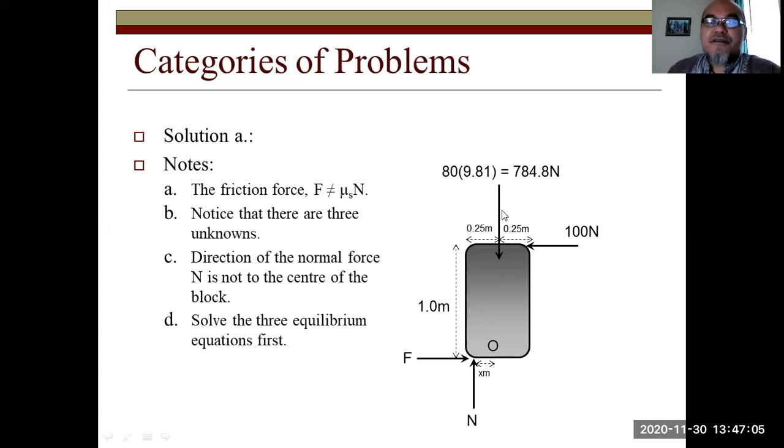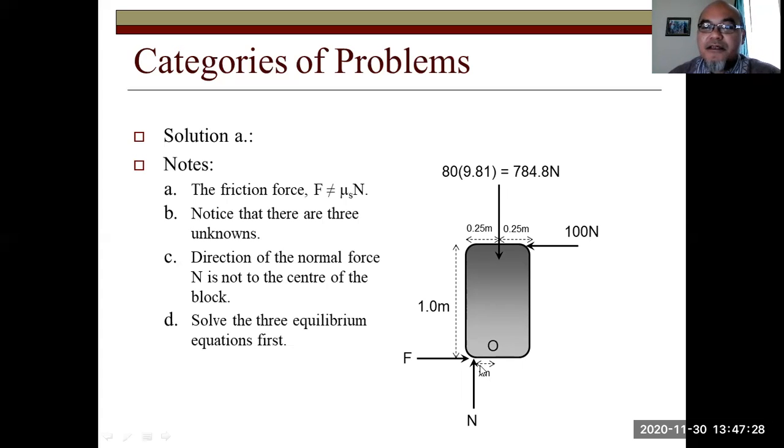Notice that the friction force F is not equal to mu s times N. So N here, because of this force, will shift. Why? In order that it still stays in equilibrium. So it's not only translational equilibrium, but also rotationally, they have to be in equilibrium. So notice that there are three unknowns here.